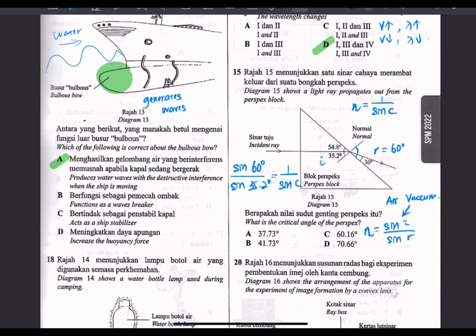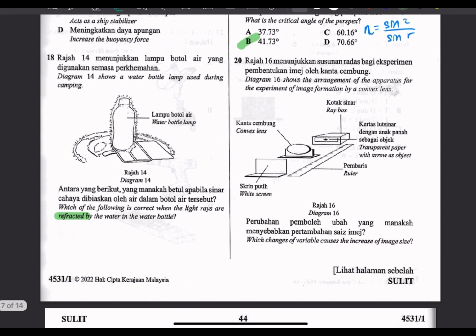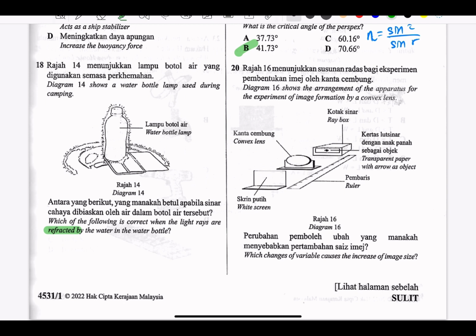And now we can calculate. So I press again sine 35.2 over sine 60, and then shift sine, answer 41.7.